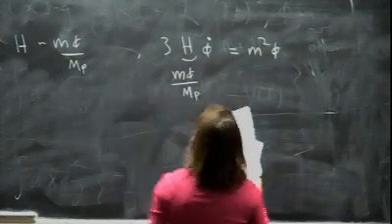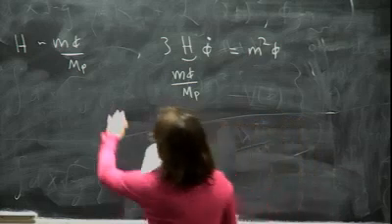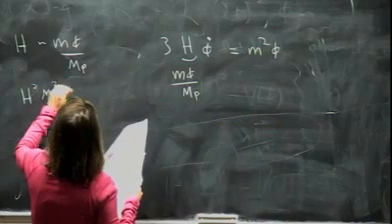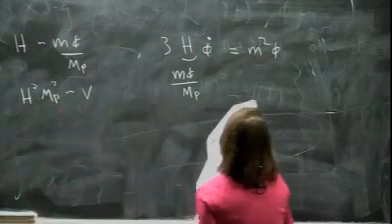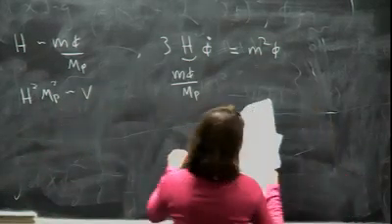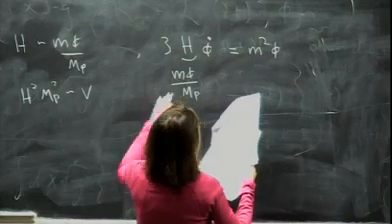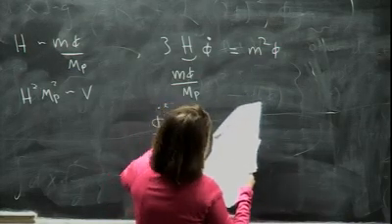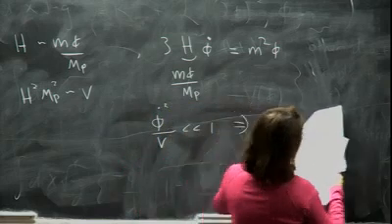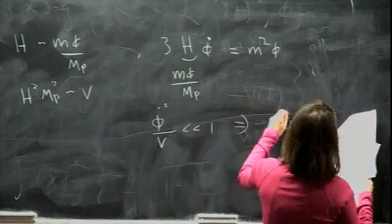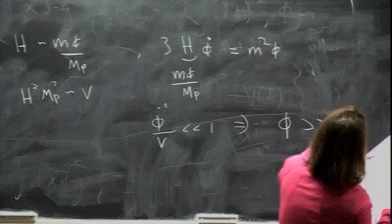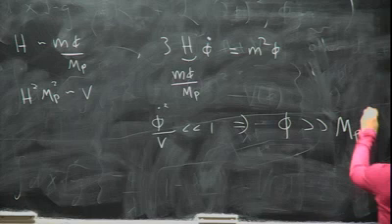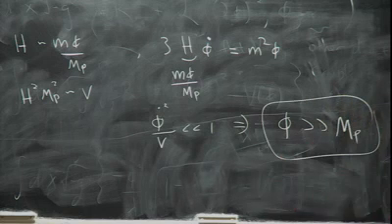Plug in H. So again, I'm using here that H squared m Planck squared is V. Okay, so you can easily see that putting all these things together, if you form this ratio and require it to be smaller than 1, it's saying that phi relative to the origin of this parabola needs to be bigger than m Planck.